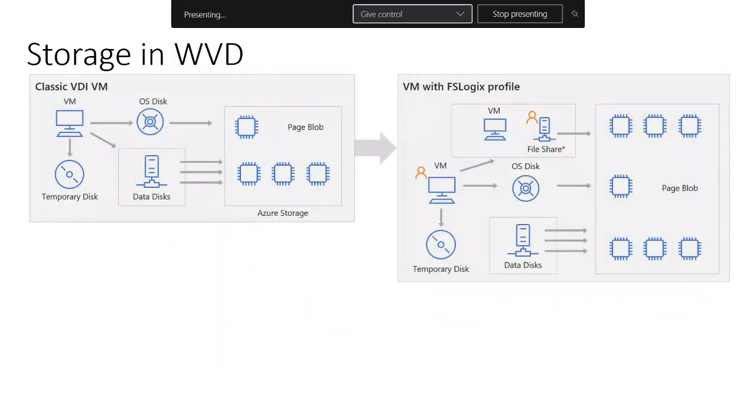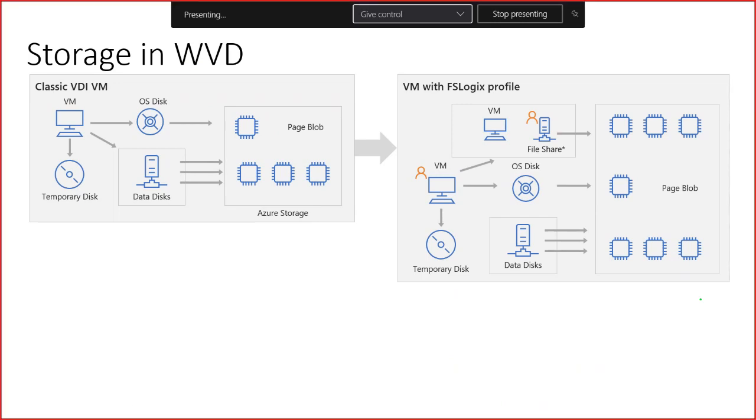So ultimately, like I said, if you look at a classic VDI VM where a VM gets deployed with data disks, a VM with an FSLogix profile really is pointing to a file share at the end of the day. So if you look at this piece itself, you could have a common infrastructure where, in the file share, all your profile disks are located, right?